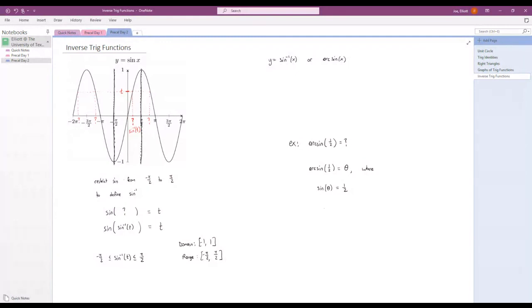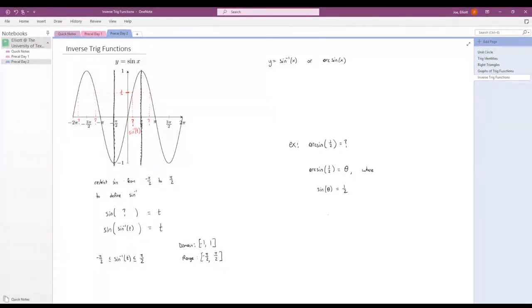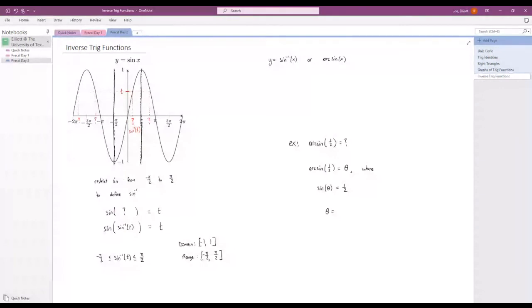So then we can think about what angles theta will satisfy sine of theta equals 1/2. Maybe you guys can help me out here. For what angles theta is sine of theta going to be 1/2?